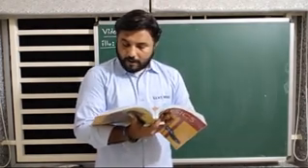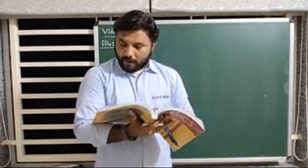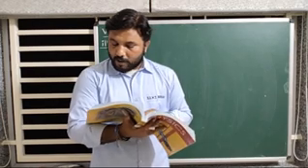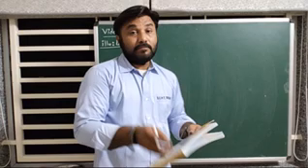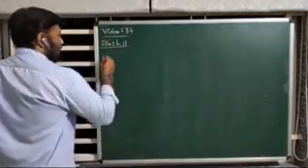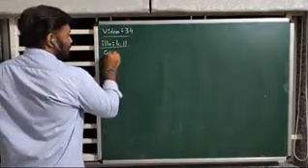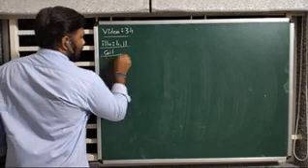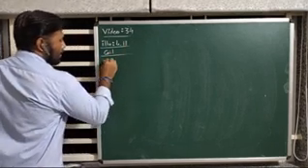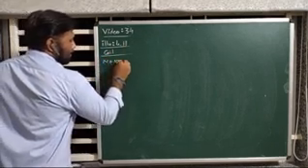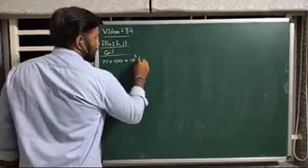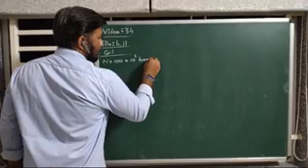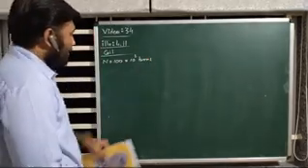A 100-turn closely wound circular coil of radius 10 centimeter. Means what is given? Coil is given. That coil consists of 100 turns. N is equal to 100, means 10 raised to 2 turns.